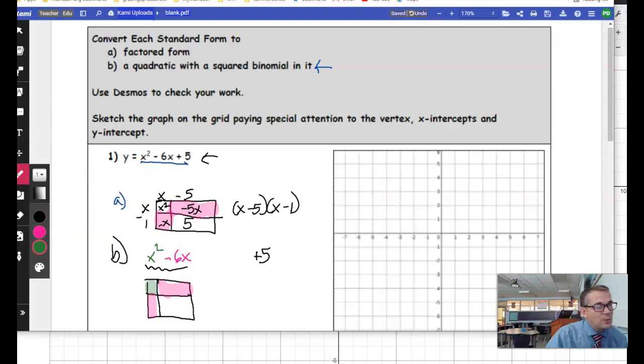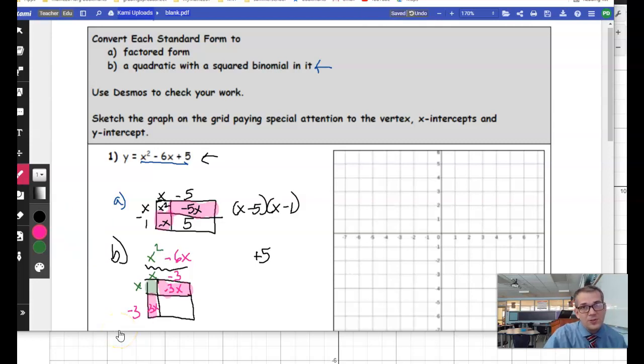So to get that x squared, the only game in town is to take an x and take an x. To get a negative 6x so that these two rectangles are the exact same, they have to take that negative 6 and basically chop it in half. So if I make this negative 3 and I make this negative 3, they're the same length. And this is negative 3x and this is negative 3x, so those do combine to make that middle term.